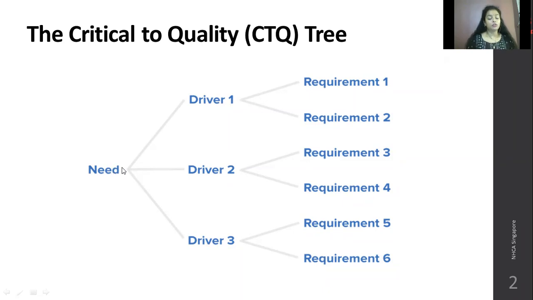Earlier it was taking a lot of time, patients were waiting, and consultants were few and overworked. After bringing all these changes, putting a check in front of all these requirements, you took care of the customer's need. That is the critical to quality tree. You can use this in any aspect of the healthcare system.